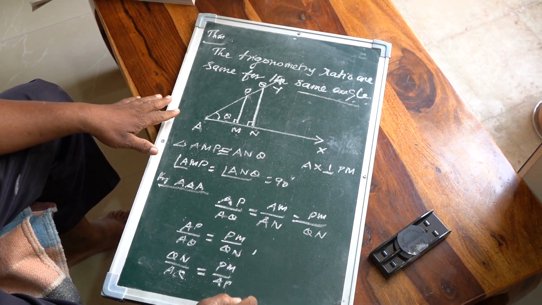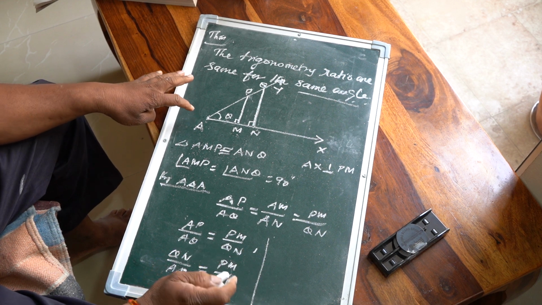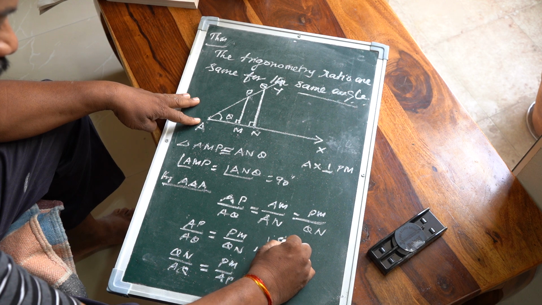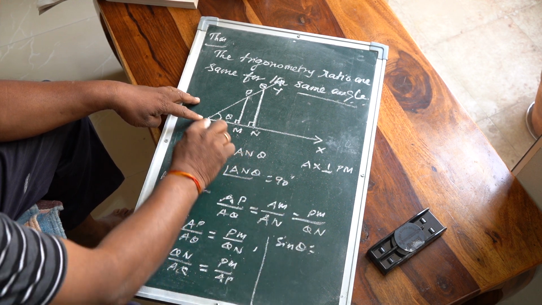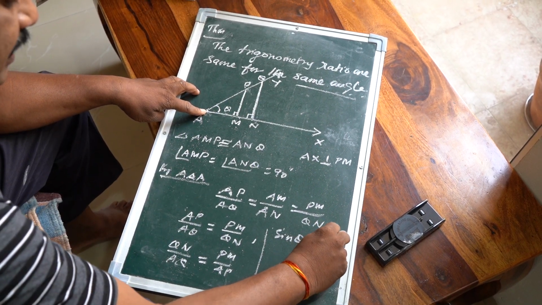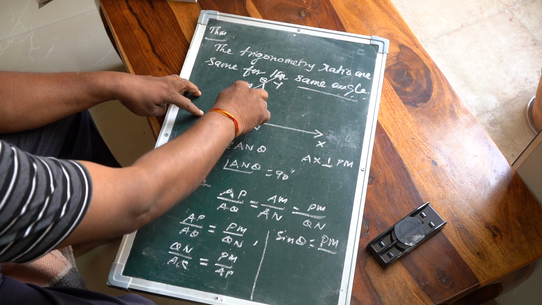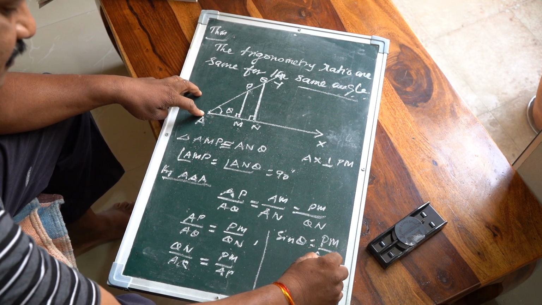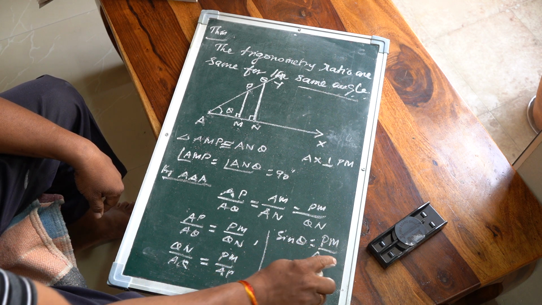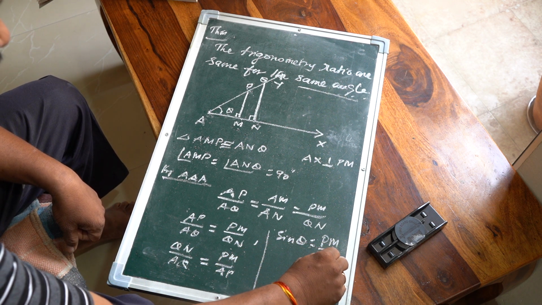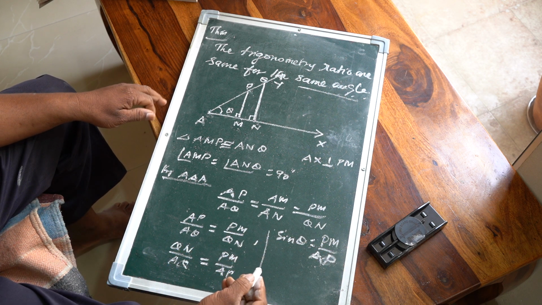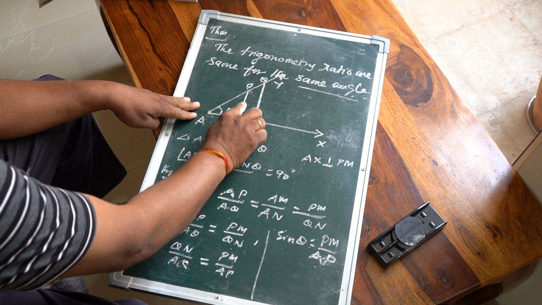Now, the angle theta. Sin theta equals, this is the theta, the perpendicular is PM by the hypotenuse AP. So sin theta equals PM by AP. This is the first triangle.